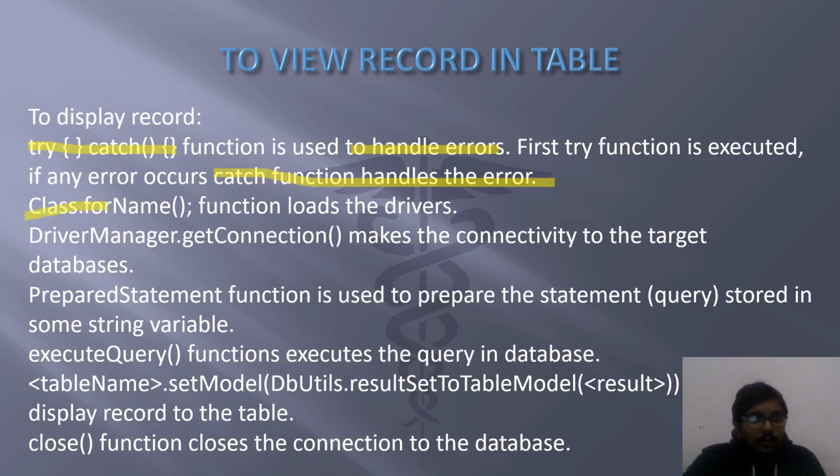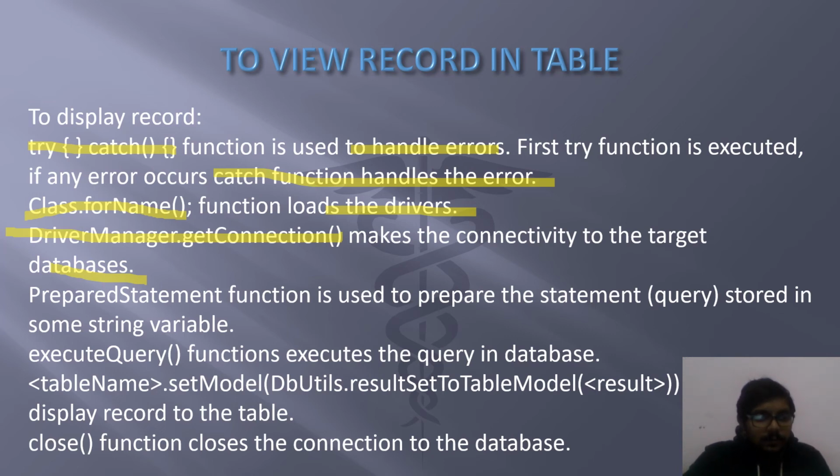The Class.forName function loads the driver, that is the JDBC ODBC driver. The DriverManager.getConnection function makes the connectivity to the target database, that is admin. The prepared statement function is used to prepare the query stored in some variable, and the execute query function executes the query in the database.